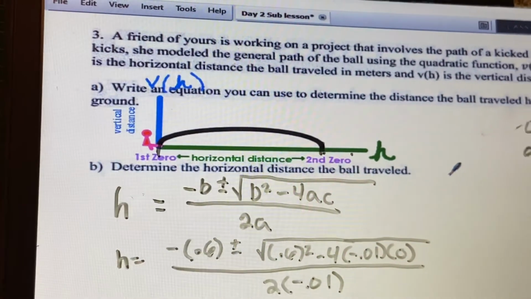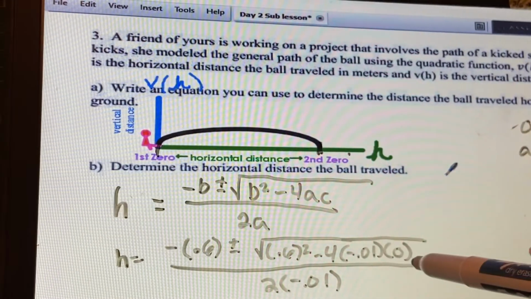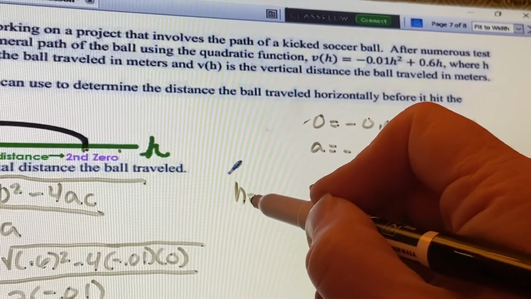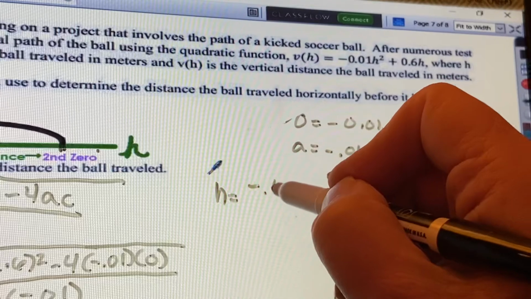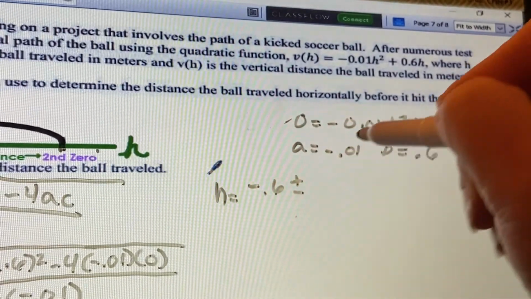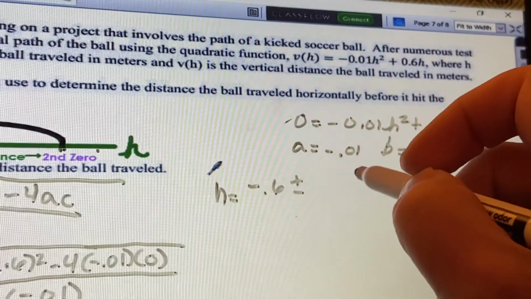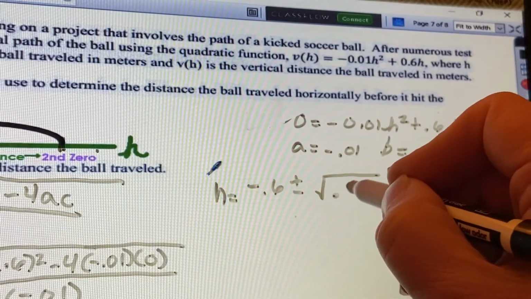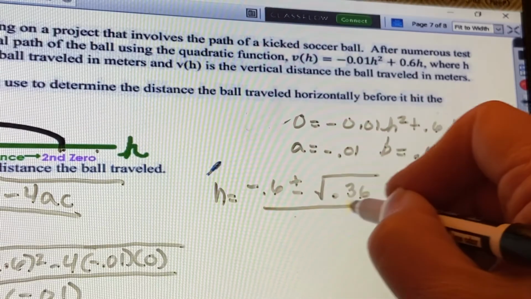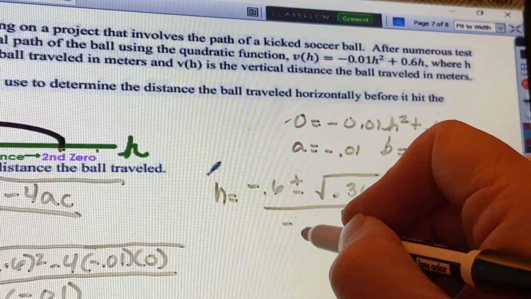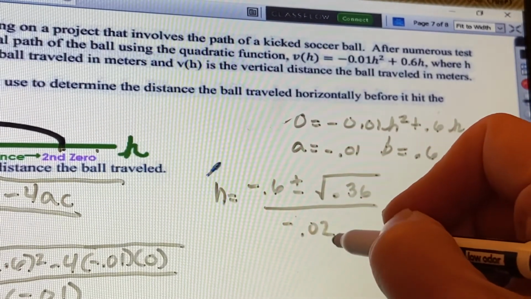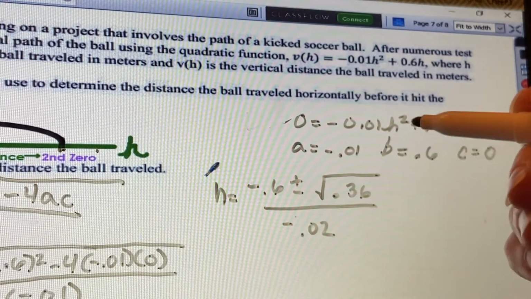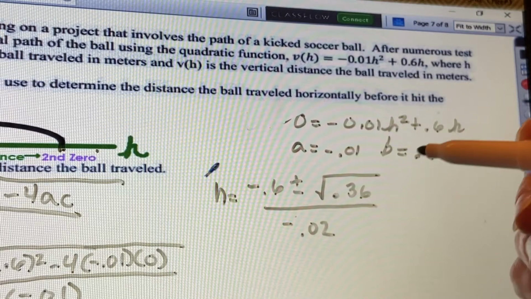All right. Use your calculator there. h equals negative 0.6 plus minus. When you put that in your calculator, you're going to get 0.36 all over negative 0.02. Now, I hope you realize that 0.36 is just like 36. So there's going to be a perfect square in there.